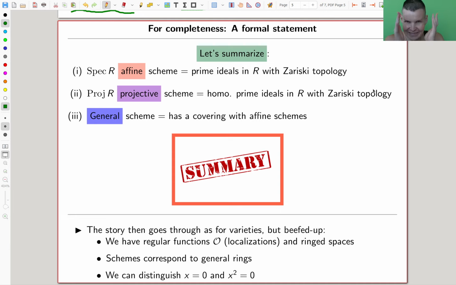So it's exactly the same story. And up to some slight technicalities or kind of brilliant ideas that you need to make regular functions work, which I discussed in the previous video, all the rest just goes through as you would expect. Very, very nice. It's really just a generalization.